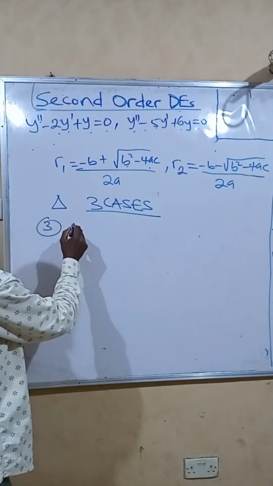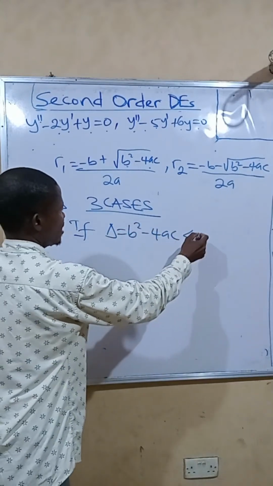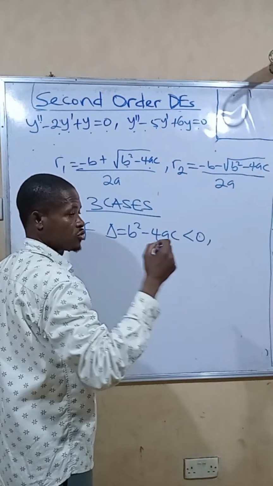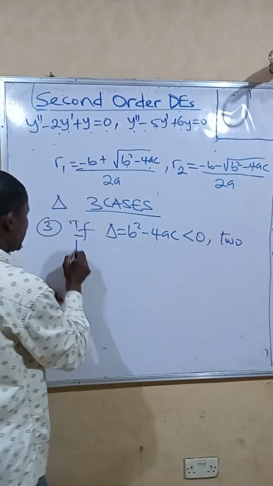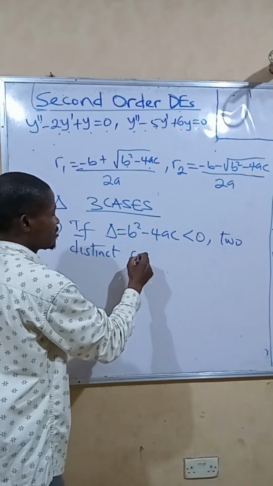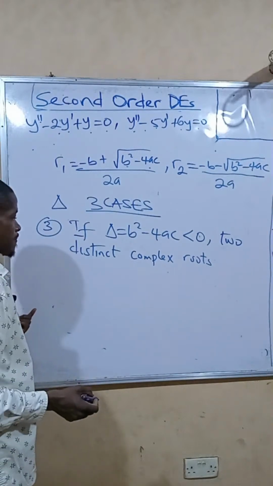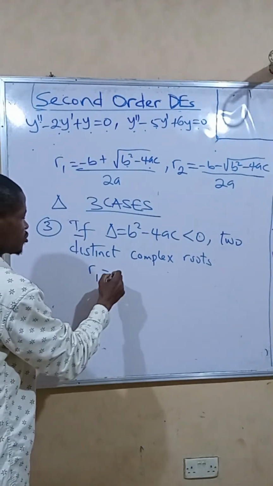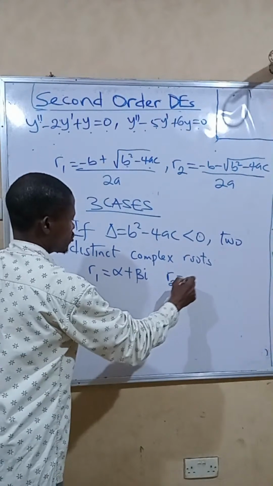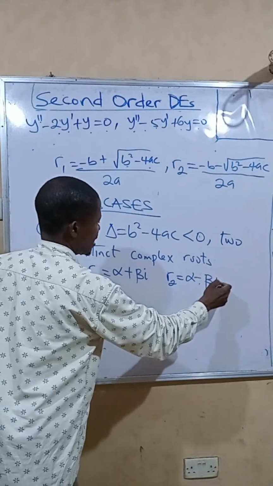And the third case, if the discriminant is less than 0, we're going to have two distinct complex roots, which is r1 equal to alpha plus beta i, and r2 equal to alpha minus beta i.